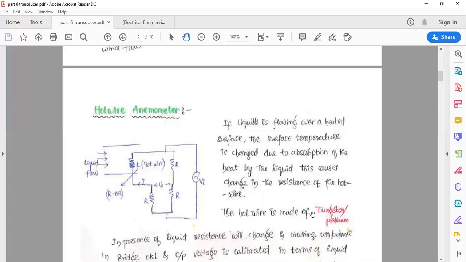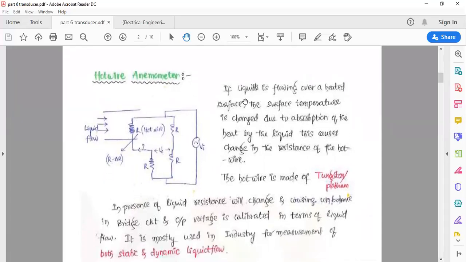Here, this hot wire is made up of tungsten and platinum, and you can see this is a bridge type structure, and this is a chamber where liquid will pass. When this liquid comes in contact with the hot wire resistance, there will be a change in resistance, because when this liquid flows, it will decrease the temperature or may increase the temperature. Due to this, there will be a change in resistance.